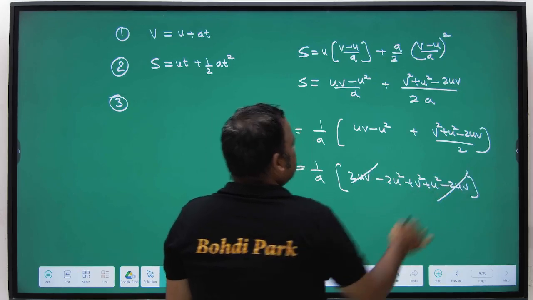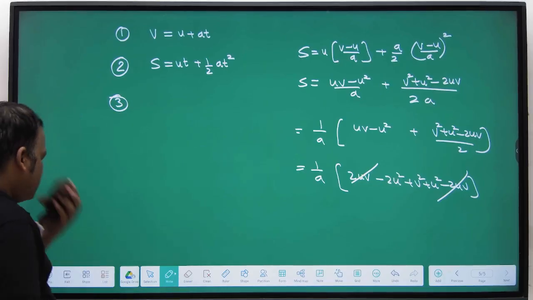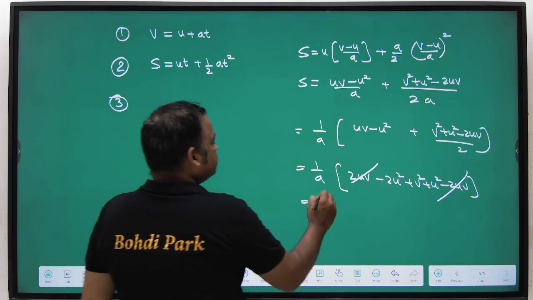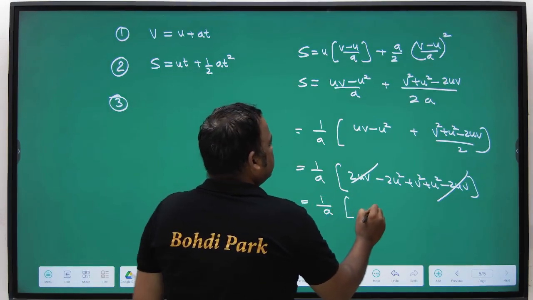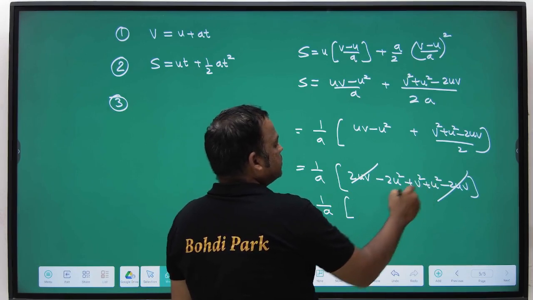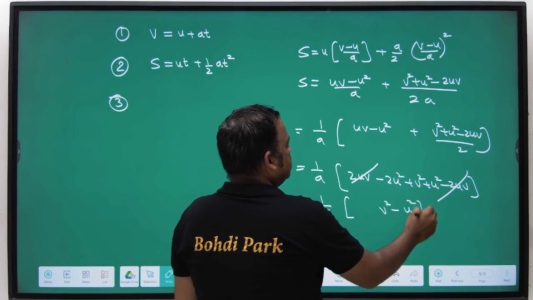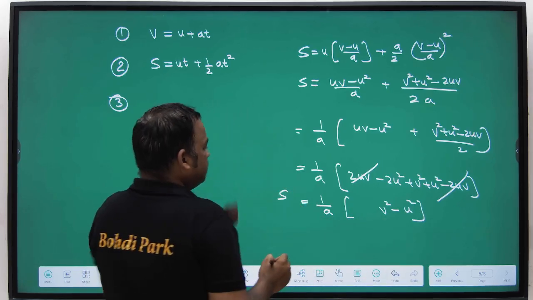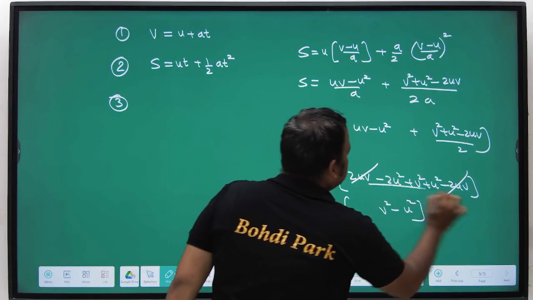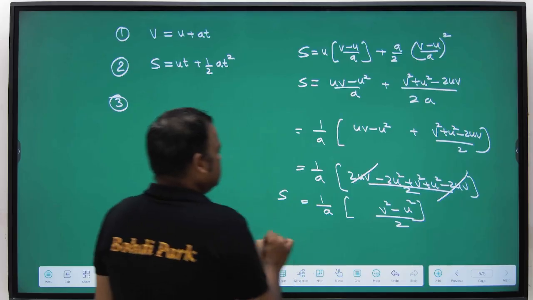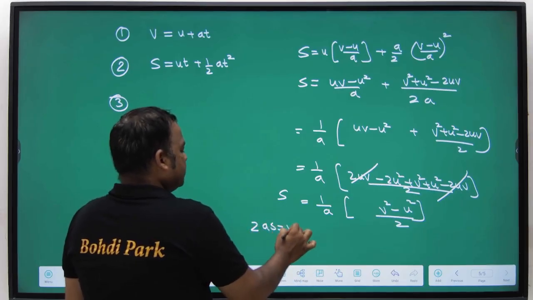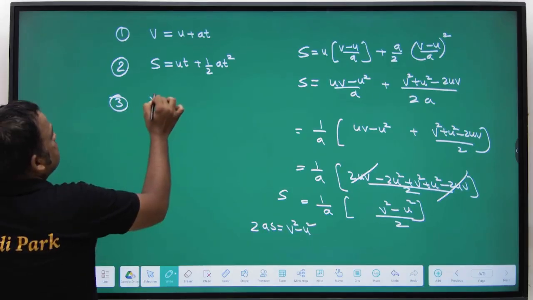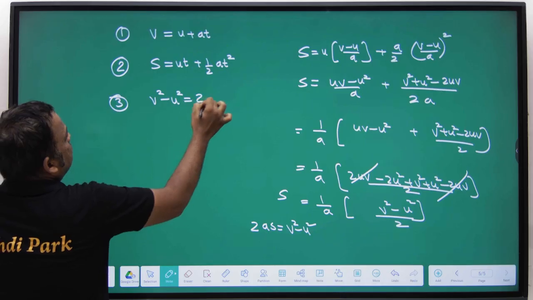So 2uv minus 2uv cancel. So 1 by a is equal to v square minus u square by 2. So 2as is equal to v square minus u square. So v square minus u square is equal to 2as.